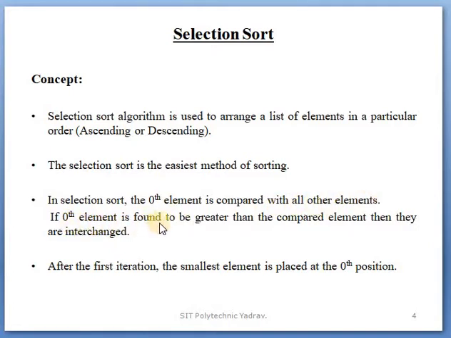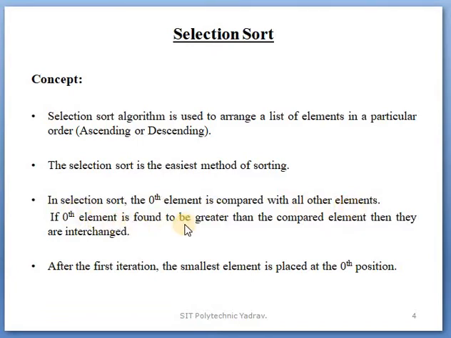If the 0th element is found to be greater than the compared element, then they are interchanged. Why the 0th element? Because in an array the elements start from the 0th location. So the 0th element is compared with all other elements present in that array.